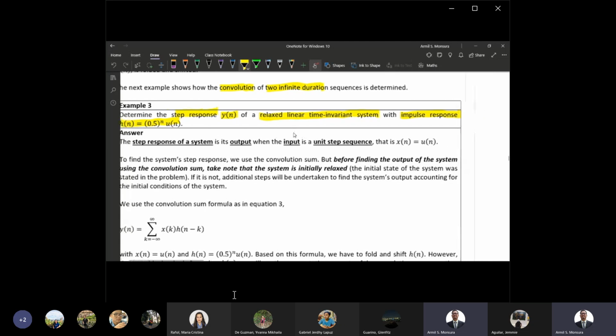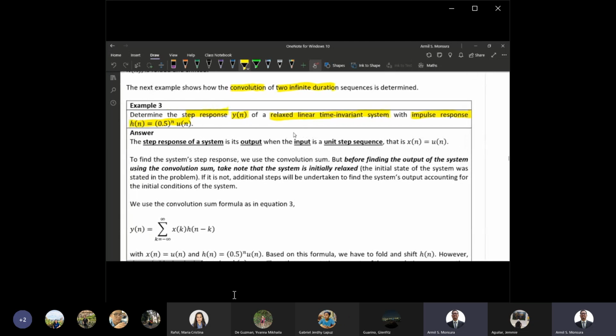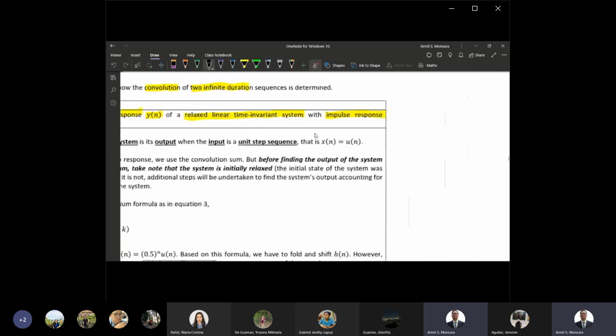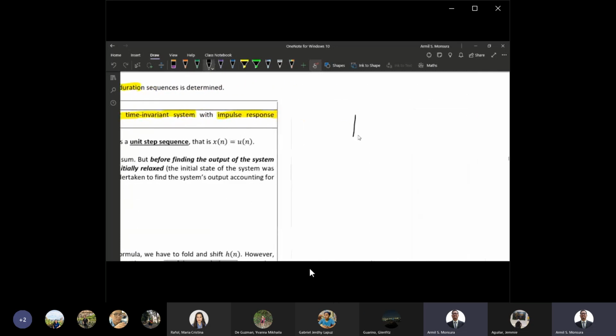Pero this time, itong example 3, the problem is on the context na gagamitin natin ngayon yung convolution sum sa isang system. Ganito yung situation natin sa example 3. So, again, meron kayong system.